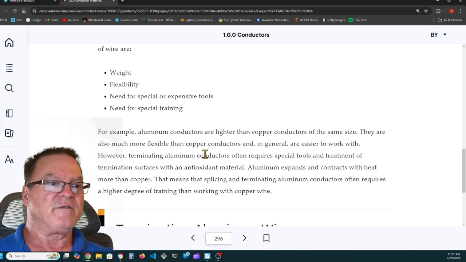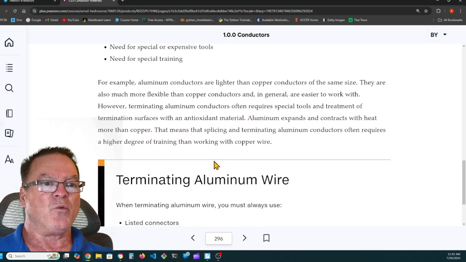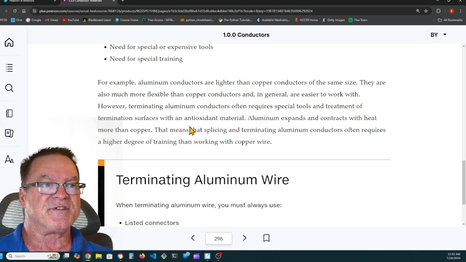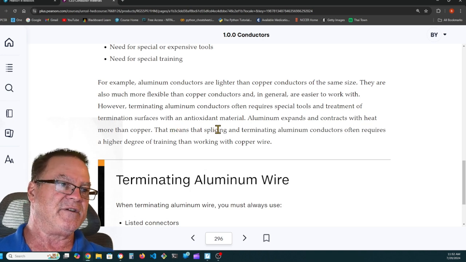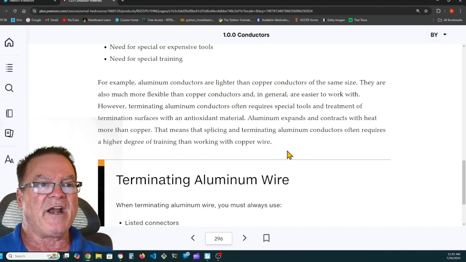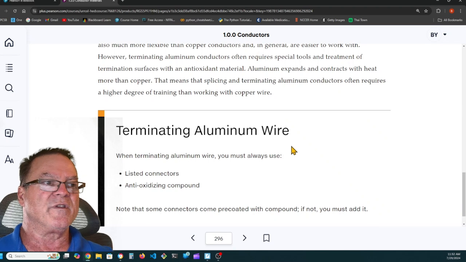They're also much more flexible than copper, and in general, are easier to work with. However, terminating aluminum conductors often requires special tools and treatment of termination surfaces with an antioxidant material. Aluminum expands and contracts with heat more than copper. That means that splicing and terminating aluminum conductors often requires a higher degree of training than working with copper wire.